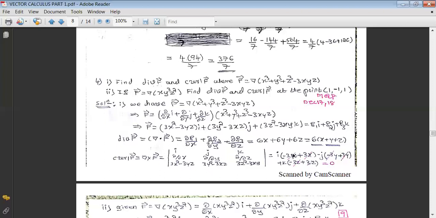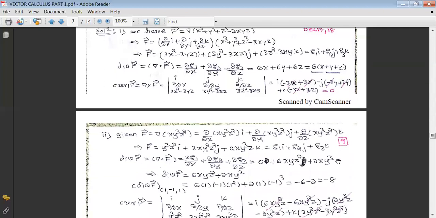Leave this row, leave this column, operate this one with respect to x partially, this is 0, in that case you get minus 3y, and operate this one on this one, this is 0, minus 3y, minus of minus becomes plus 3y, plus k into, you leave this row, leave this column, this will be operated on this, that is minus 3z, and it has to be operated on this, this becomes minus 3z, minus of minus becomes plus 3z, they will get cancelled, therefore that becomes 0. We can write 0 or we can write a bar on that zero.